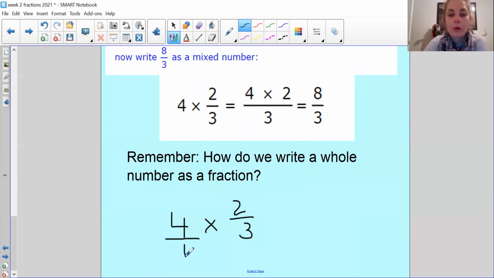The 1 goes into 4 equal times. And then you've got a fraction times a fraction. And you remember from yesterday, 4 times 2 is 8 and 1 times 3 is 3. But you simply have to times the whole number by the top number and leave the bottom number the same. So times the numerator by the whole number, leave the denominator the same. And that is your easy method for today.